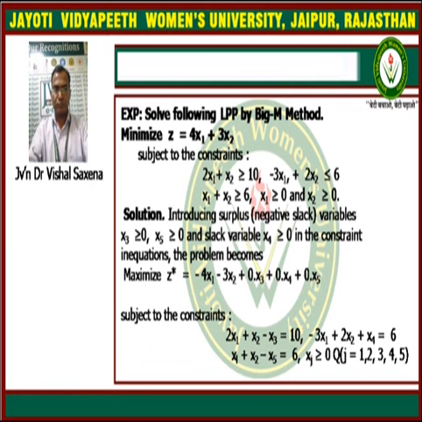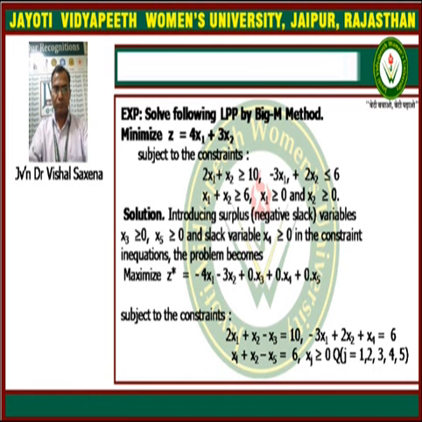The question is: minimize z = 4x1 + 3x2, subject to the constraints 2x1 + x2 ≥ 10, -3x1 + 2x2 ≤ 6, and x1 + x2 ≥ 6, with the non-negativity conditions x1 ≥ 0 and x2 ≥ 0.